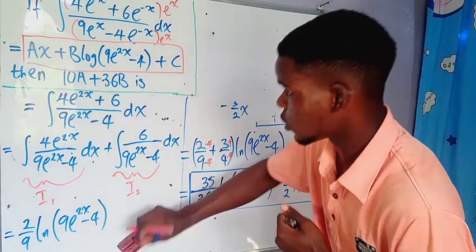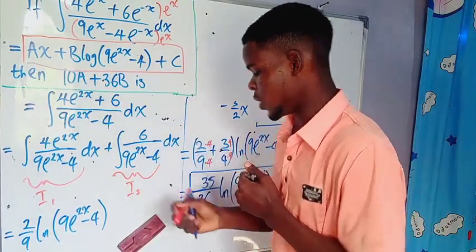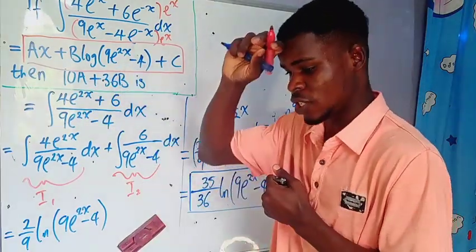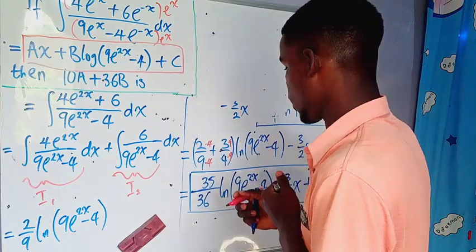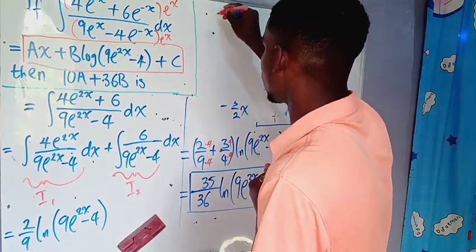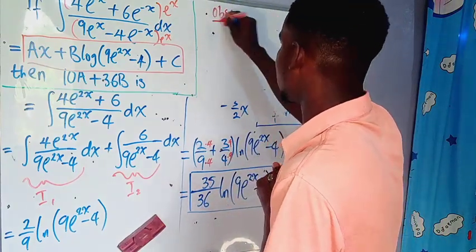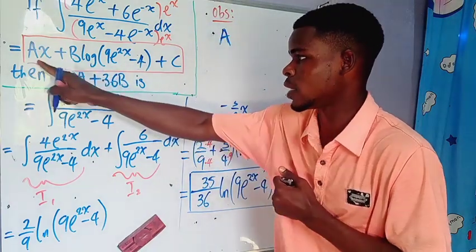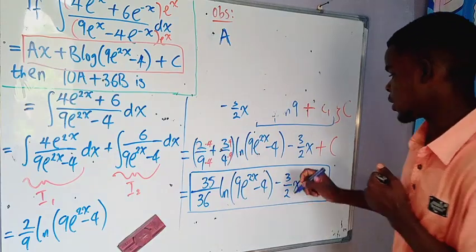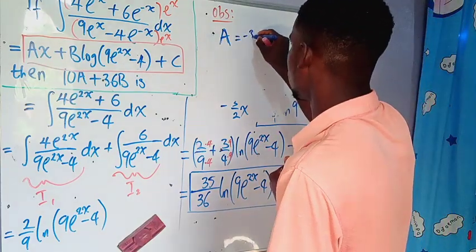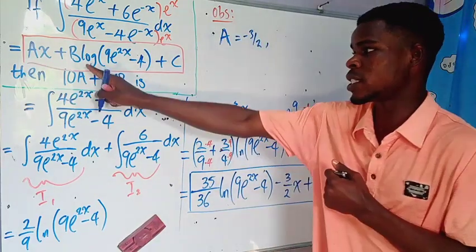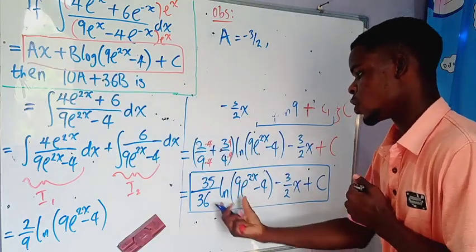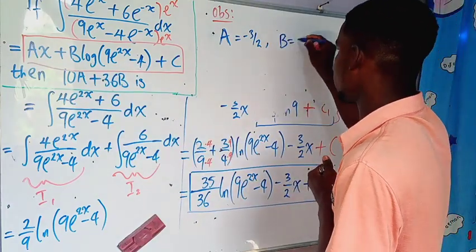The question now tells us to evaluate 10a plus 36b. So looking at comparing our solution with the general solution that was given, we observe that a here was the coefficient of x. The coefficient of x here is negative 3 over 2. What is b? b is the coefficient of this logarithm. So the coefficient here is just 35 over 36.